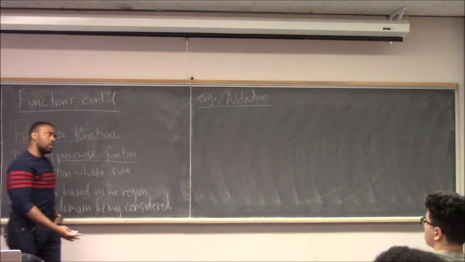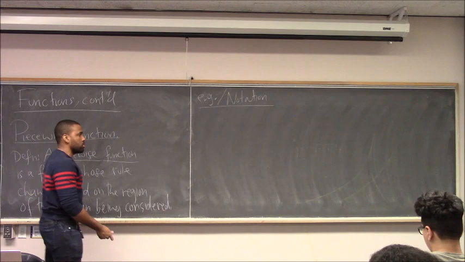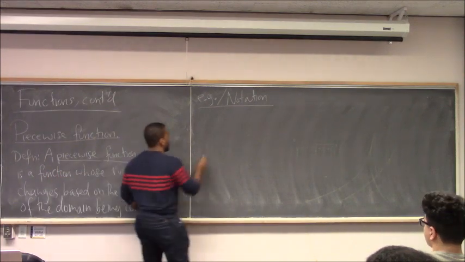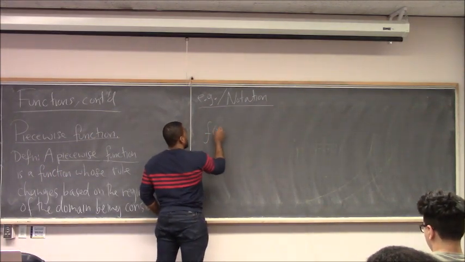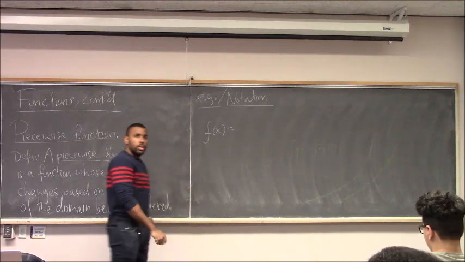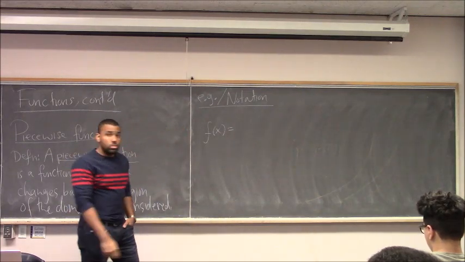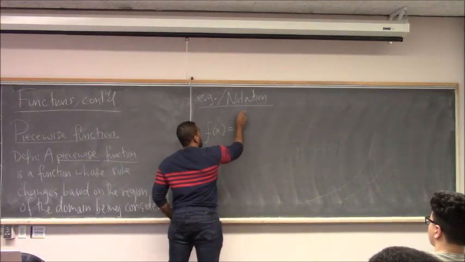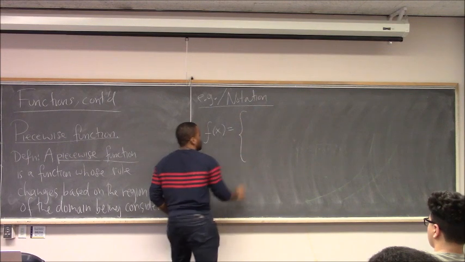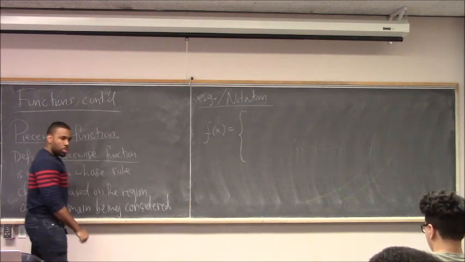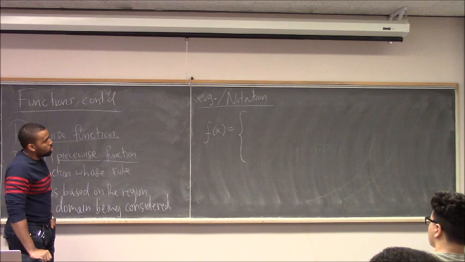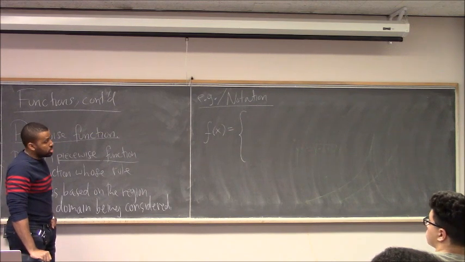We saw something like this on a quiz before, but the notation is the following. You'll say f of x equals, and you write this kind of notation here. You open a bracket, and you list different definitions that would work on different regions of the function.